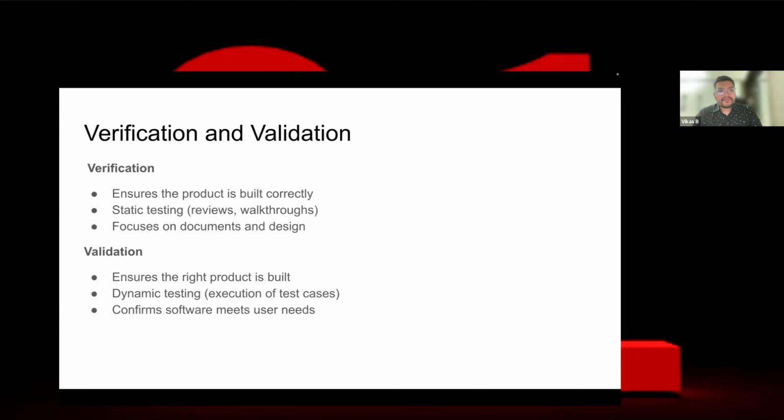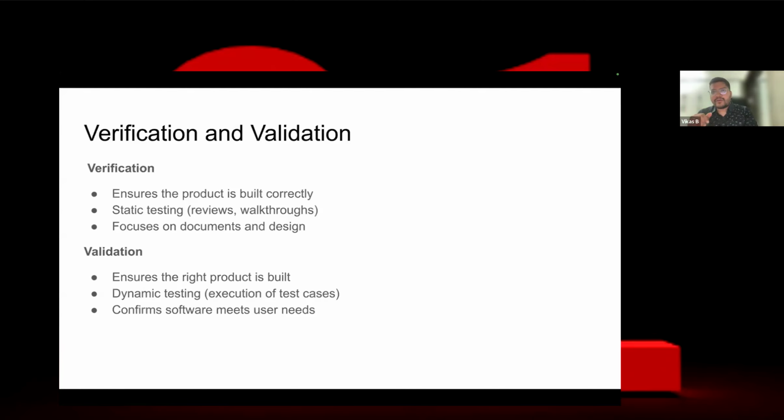Verification and validation are very, very important terms which you might have heard multiple times. This is the common query being asked: whether the product is built correctly, and whether the right product is built. If you think about the definitions, you will not feel a major difference, but verification and validation are both required, guys. Verification is about whether you have followed proper documentation or not.